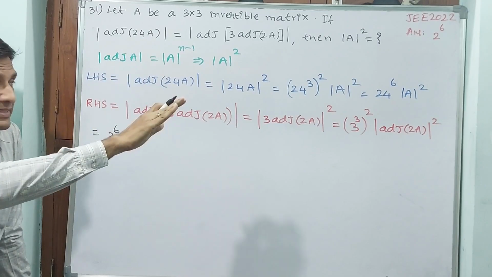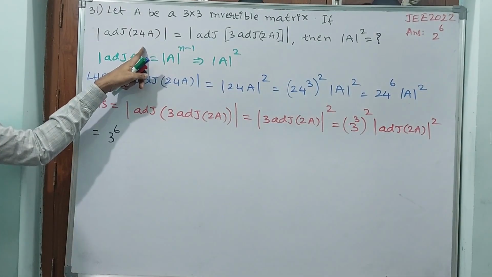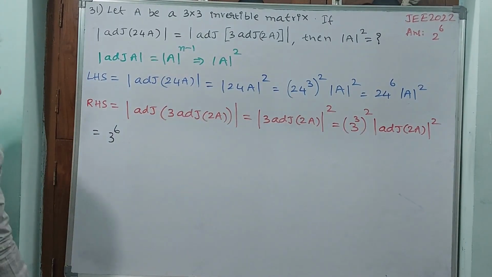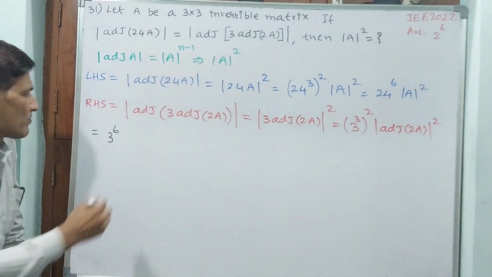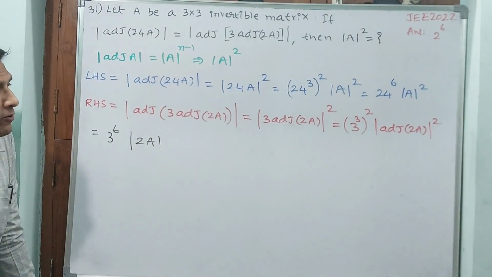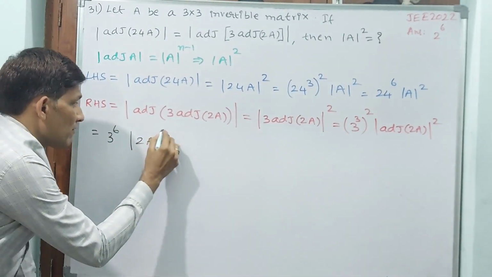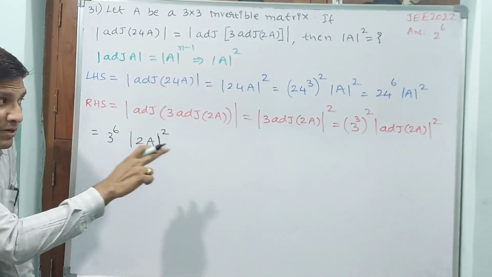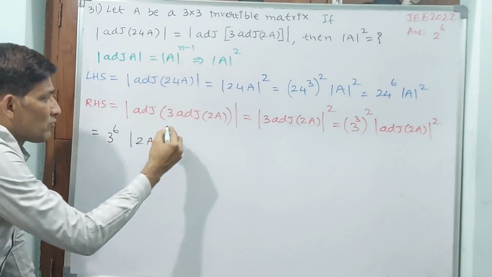That square you have to keep aside. Why? Because here square is not there. If square is there, again you have to square. But without the square, what will come? Adjoint of 2A means determinant of 2A, determinant of 2A square will come, but another square is there.